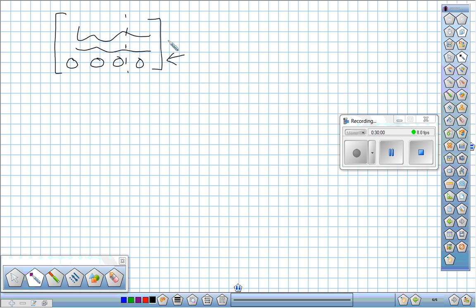If I had a row of zeros, it would represent two lines that are on top of each other. So basically the same line. And so I would have infinite solutions.